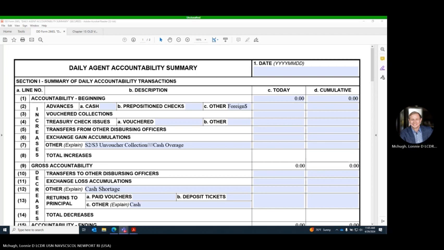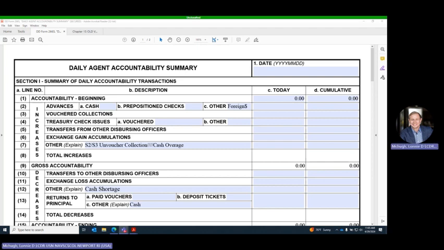For ashore disbursing offices, this will be balanced out daily. But on afloat vessels, this can be done weekly. You also have the right to do it daily if you're on an afloat vessel, or you can do it anytime you suspect an irregularity.